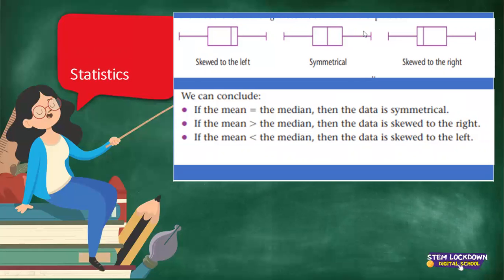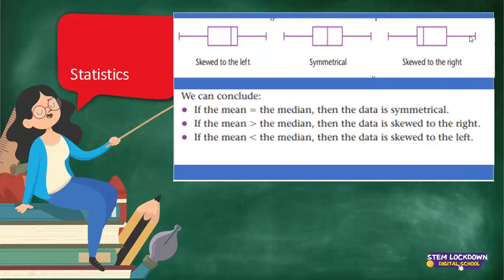Now if the middle quartile or the median is balanced between the upper quartile and the lower quartile, then we say it is symmetrical. The box and whisker diagram can be used to show the skewedness, the spread of the data, how the data is distributed around the mean. So data represented like this is symmetrical.